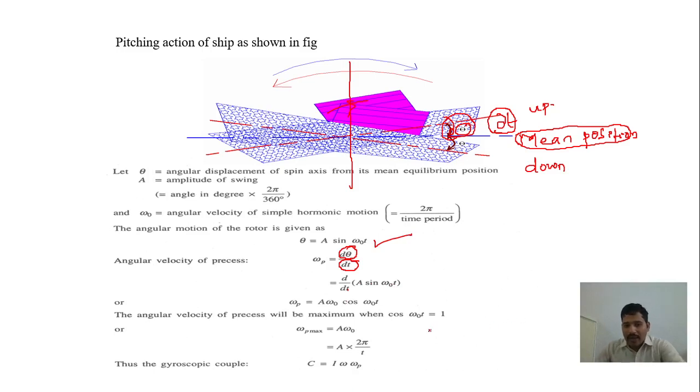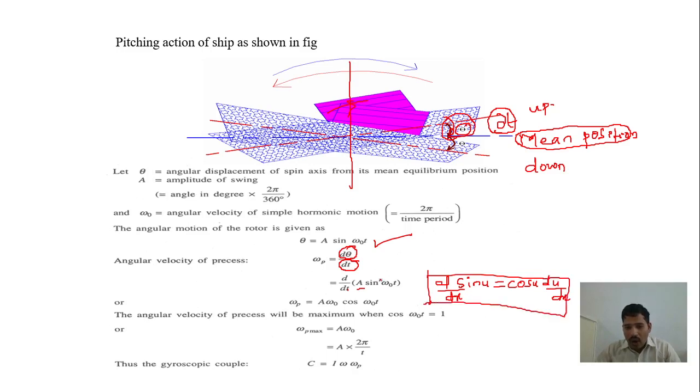And omega p: A is the constant term. So we have to use the formula d by dx of sine u, which is cos u du by dx.